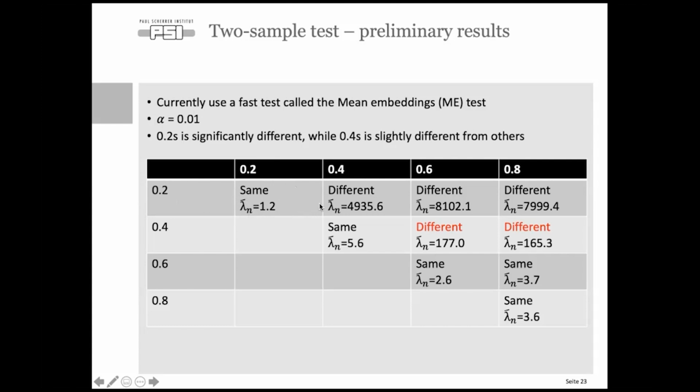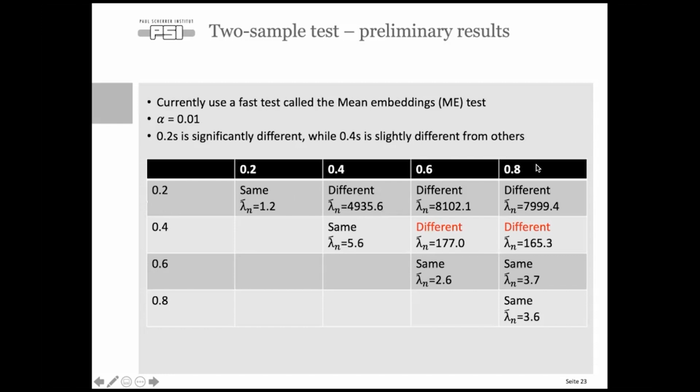And this is the result of 0.2 versus 0.4 seconds, which are identified as different. You can see that we have a very, very large lambda n here, which means that they are really from different distributions.